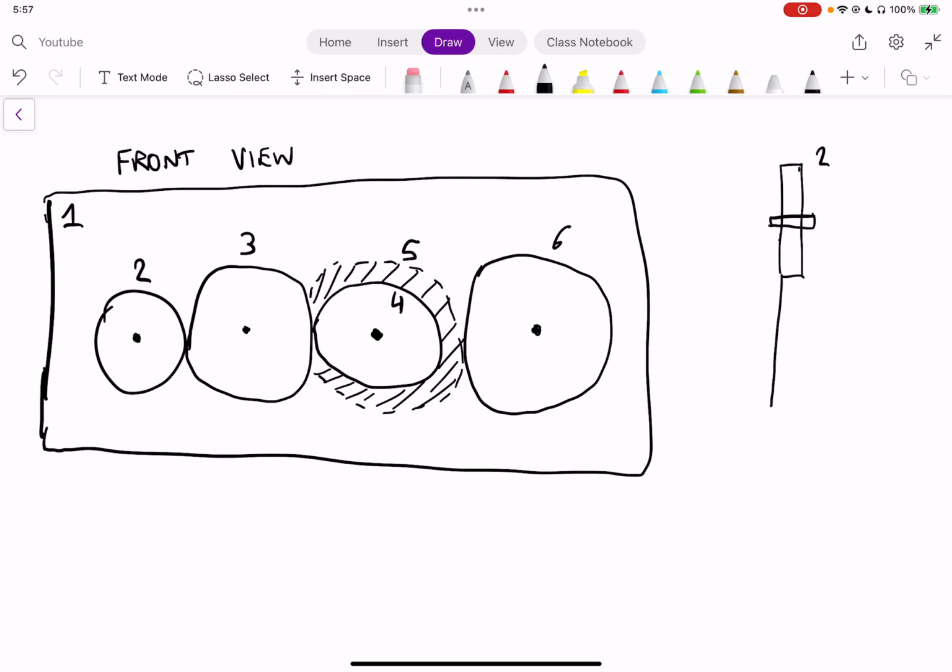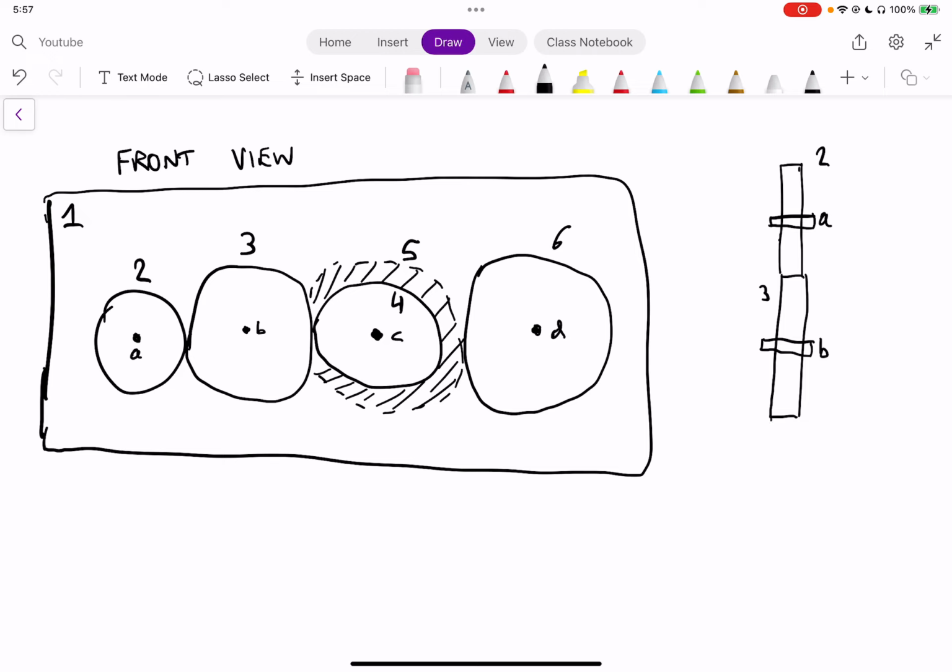Then we have a gear number 3 that's also held by an axle in the middle. And these axles are shown here. Typically, the axles have names of a, b, c, and d, lowercase. So each one would have a, b, so this would be gear 3.